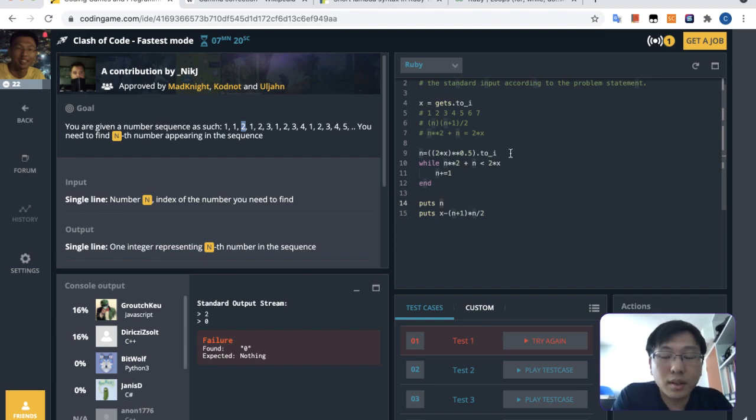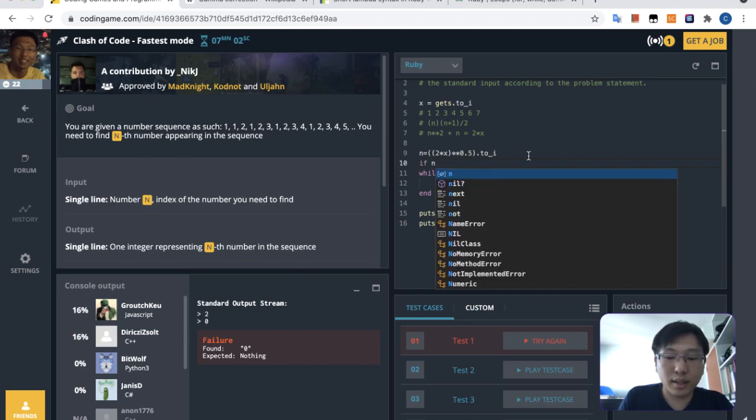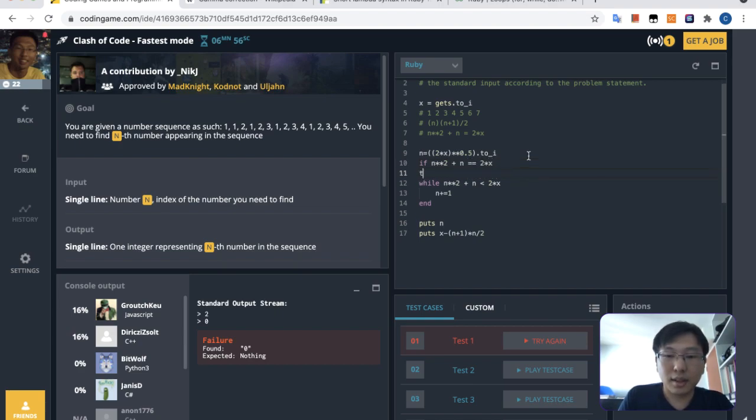If the answer is 0 here, I will need to do an if here. If n squared plus n equals 2 times x, then print n, else print this.